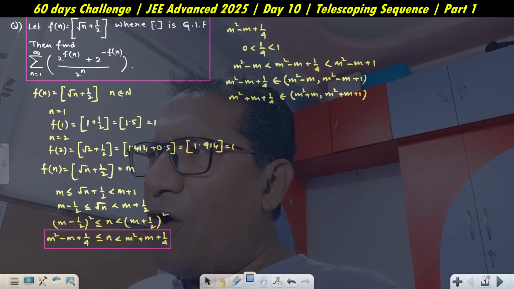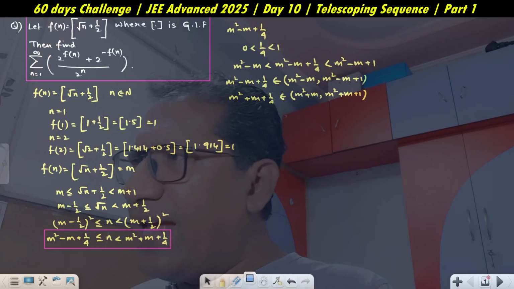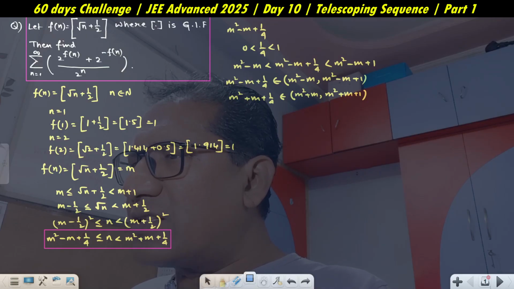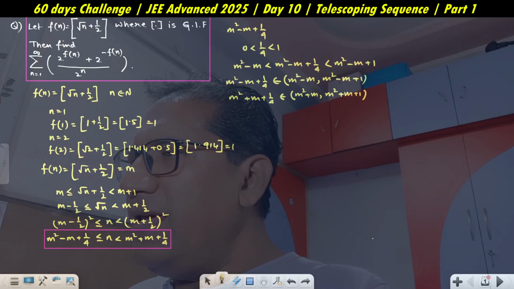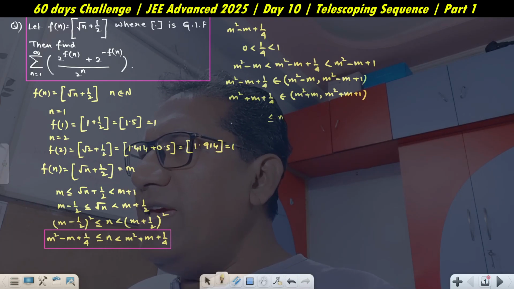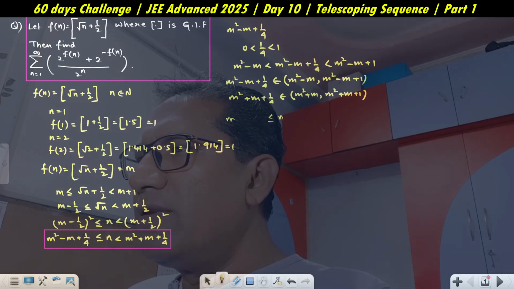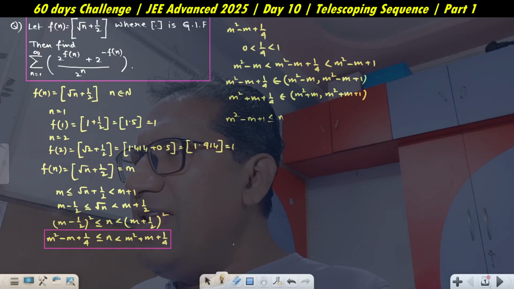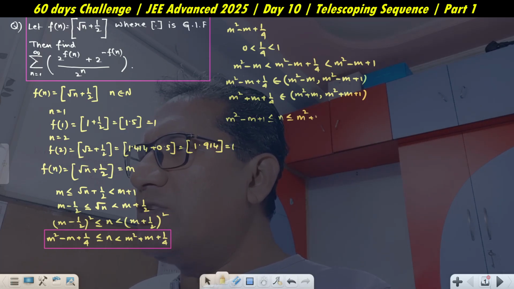So now from this range, we can say that n is always greater than or equal to m square minus m plus 1, and it is always less than or equal to m square plus m.